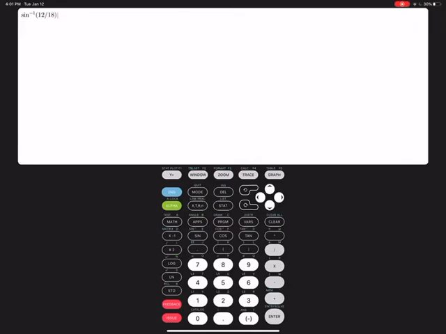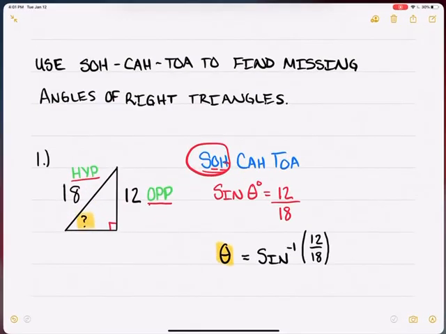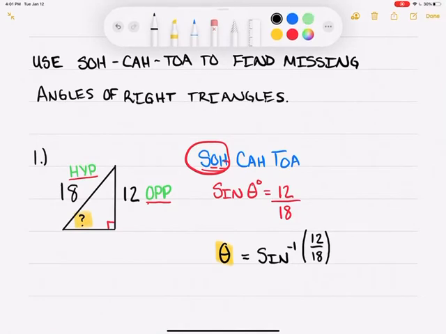Close your parenthesis and hit enter. This gives you an answer of 41.8103. We're going to just call it 41.8. And because we're finding a missing angle, this is actually going to be 41.8 degrees. I always use theta for a missing angle symbol because it's unique and it doesn't look like any other letter. It's a Greek letter. It's just used commonly for missing angles.